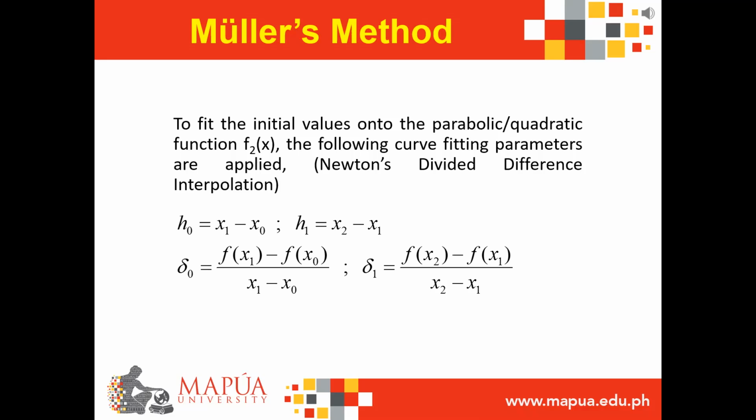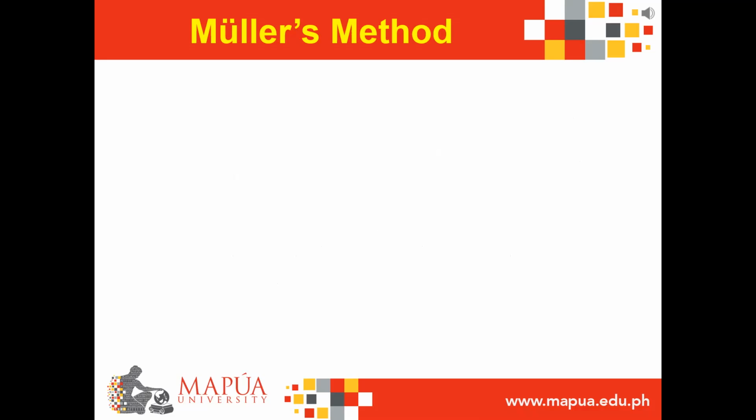And your delta 1 likewise is the slope connecting the data points x1 and x2, depicted to be the difference between f(x2) minus f(x1) all over the difference between x2 minus x1, or simply h1.